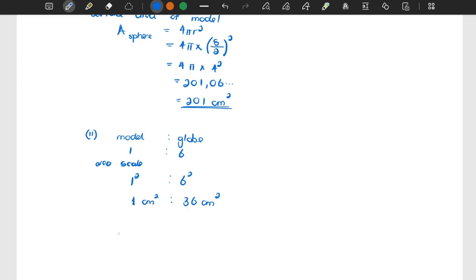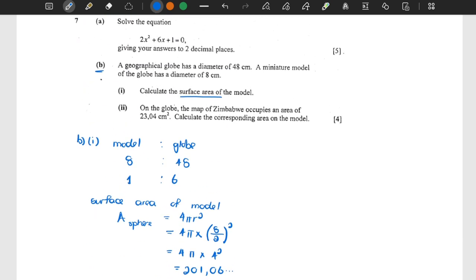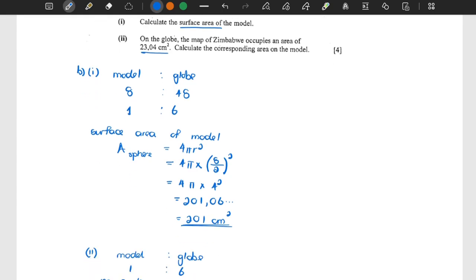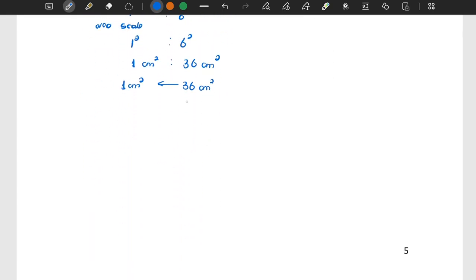So we know that on the globe, if 36 centimeters squared is going to represent 1 centimeter squared on the model, what about if we have 23.04 centimeters squared on the globe? We want to find on the model. So that's 23.04 centimeters squared. We're going to expect less.